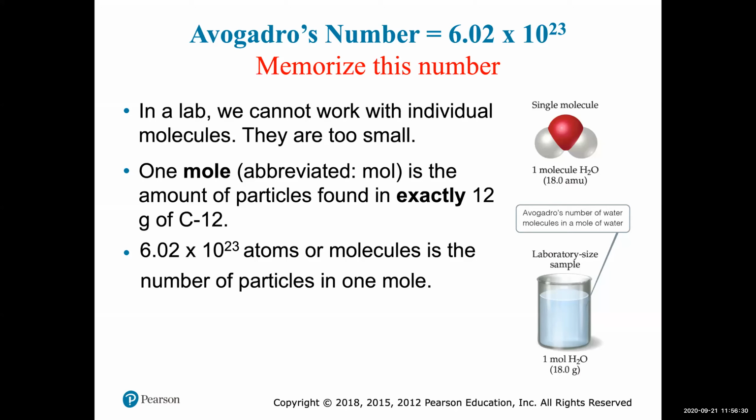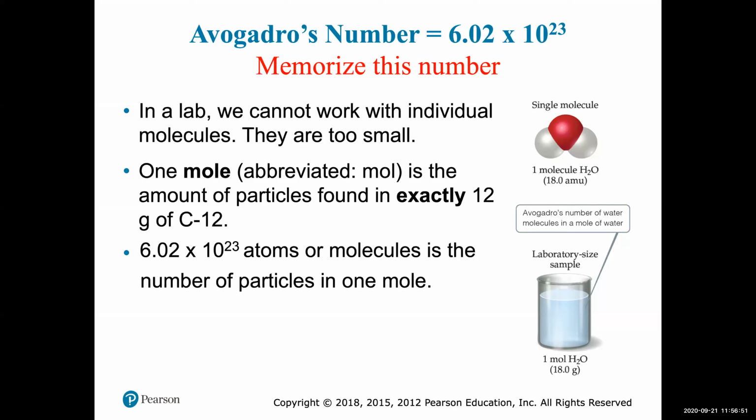So when we talk about reactions and things like that, we rarely talk about individual molecules because they're just too little. And so this is where Avogadro's number comes into play.